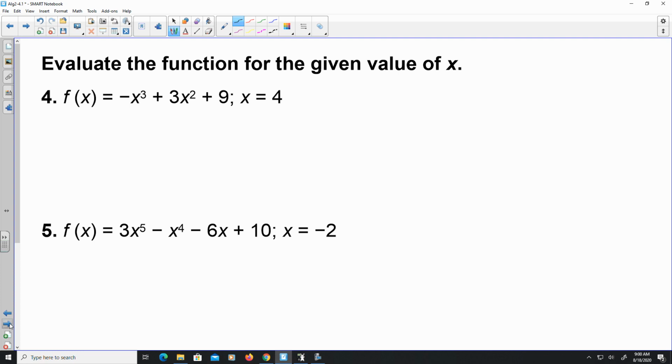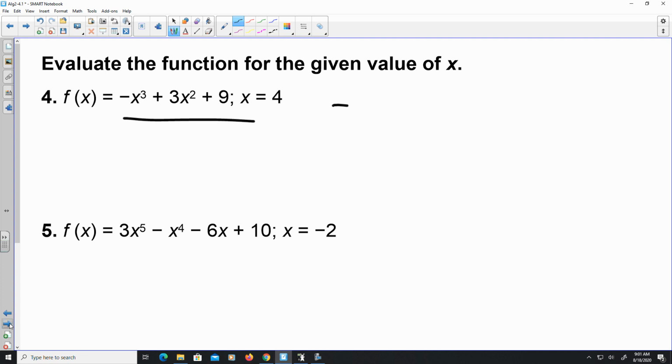So here they want you to evaluate a function given the terms of x. Let's look at 4. Again, I won't do all of the values, but I'll do some. But I encourage you to work on these problems as well. So this one here, we'll do direct substitution.